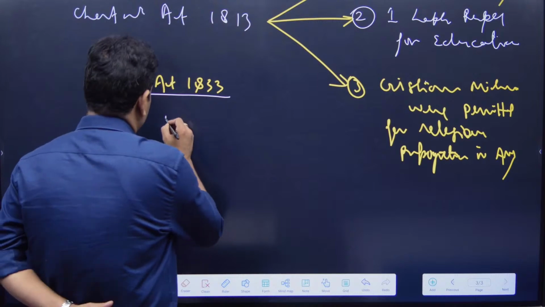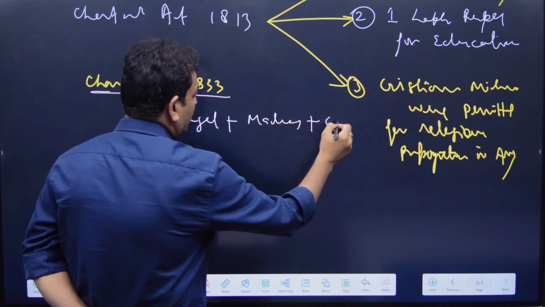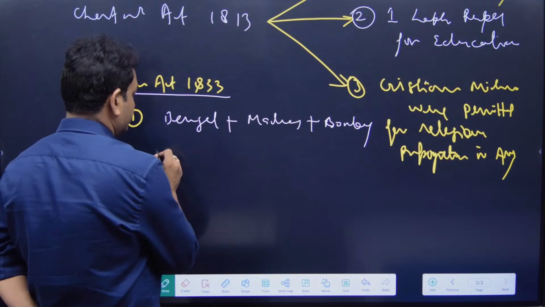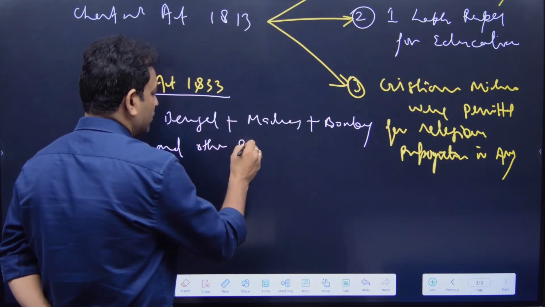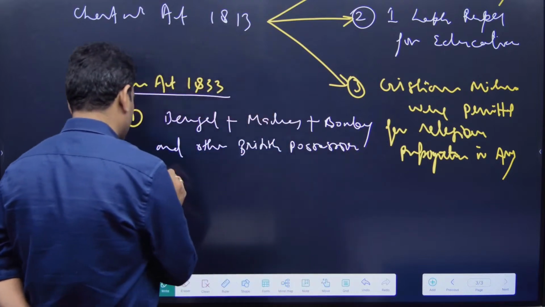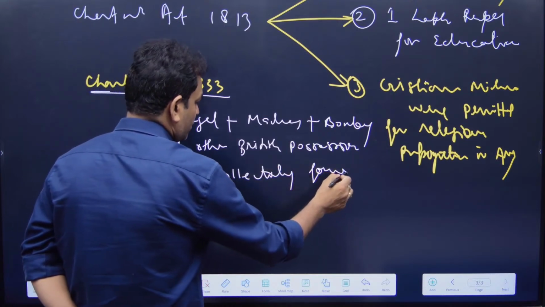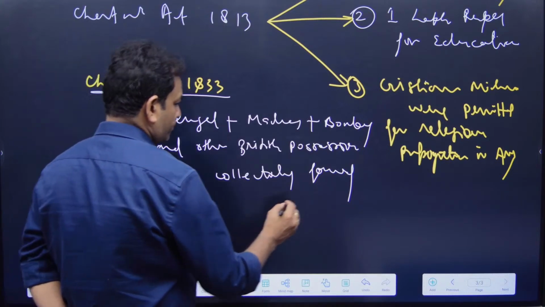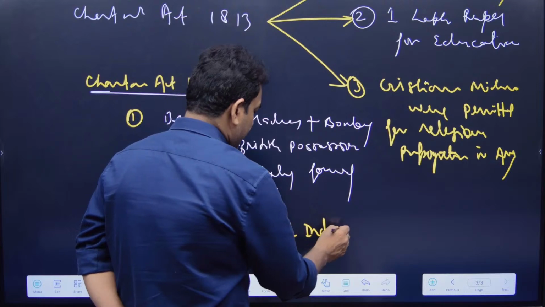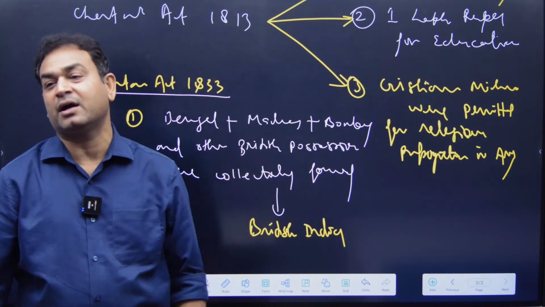Now Bengal, Madras, Bombay, and other British possessions were collectively formed into British India, and for the first time the government of the Governor General of Bengal became the Government of India.